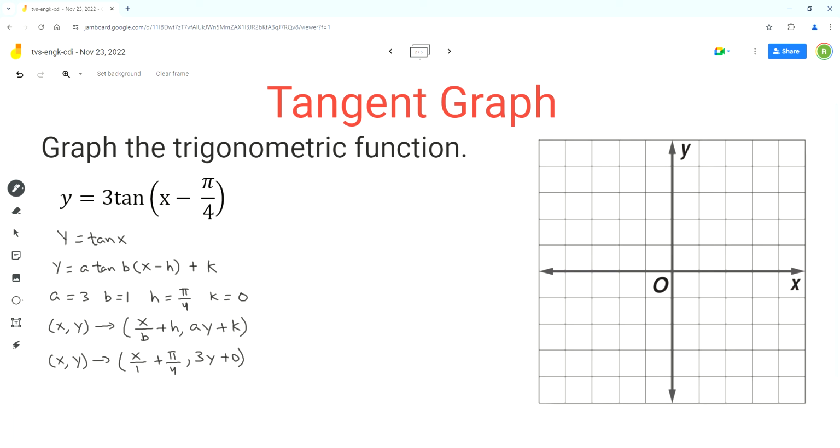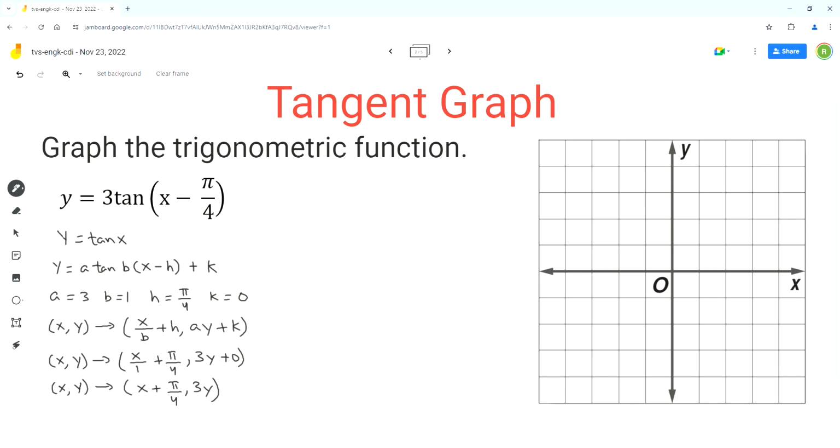We can simplify this mapping formula. So this is the mapping rule or mapping formula we can use to graph the given transformed tangent function.